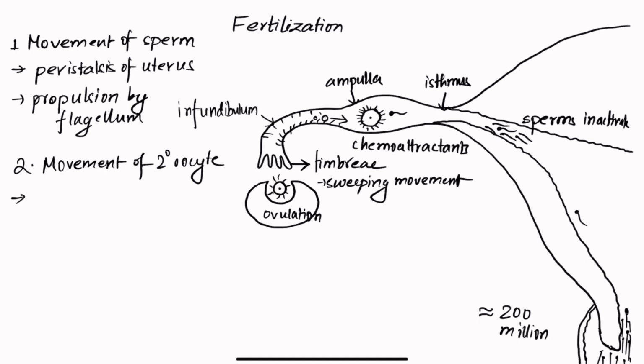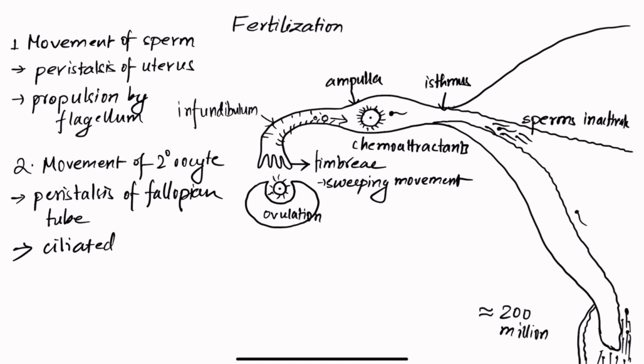So the main reason for the movement of secondary oocyte is the peristalsis of fallopian tube. So the wall of the fallopian tube contracts and relaxes, which helps the secondary oocyte to propel forward. And the movement is also helped by ciliated columnar epithelium, which lines the fallopian tube internally.